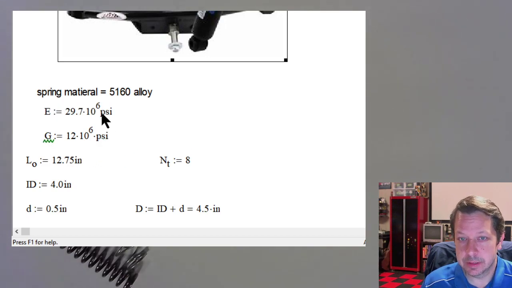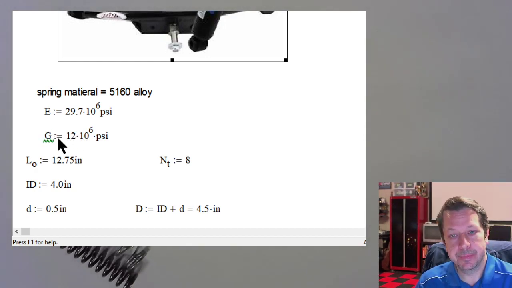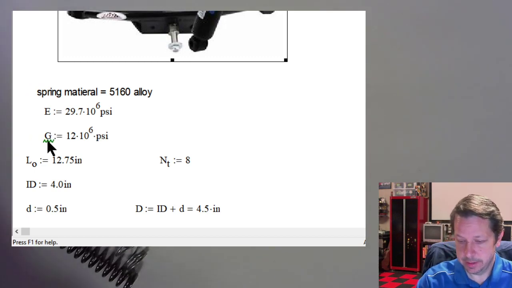I went and found typical properties for that material. So around 30 million psi for the modulus of elasticity, and somewhere around 12 million psi for the modulus of rigidity. A lot of the stress in the coil is held in torsion, so we're going to need modulus of rigidity to deal with that.